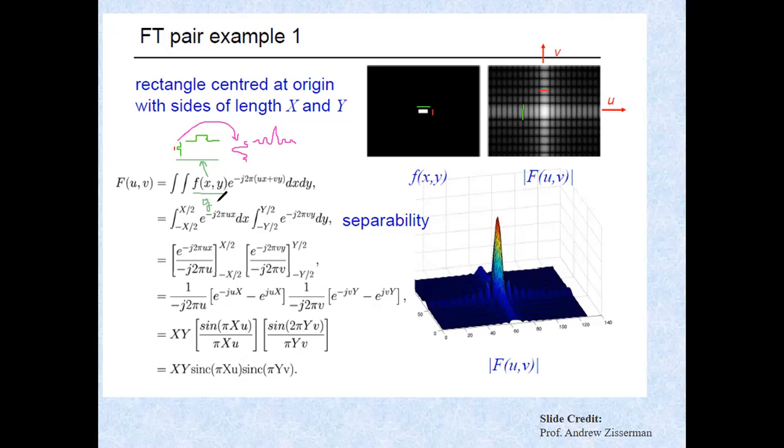I need not do a two-dimensional integral anymore. So is my point clear here? f of x comma y can be written as g of x into h of y.